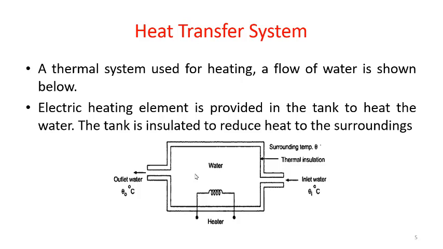There we find this type of system. Here let the inlet temperature be denoted as theta i, the outlet temperature be denoted by theta o, and the surrounding temperature by theta.